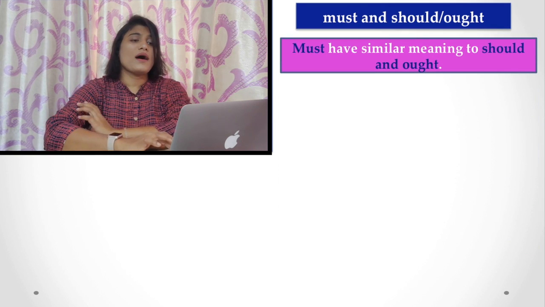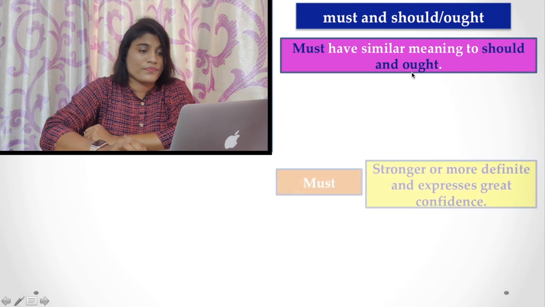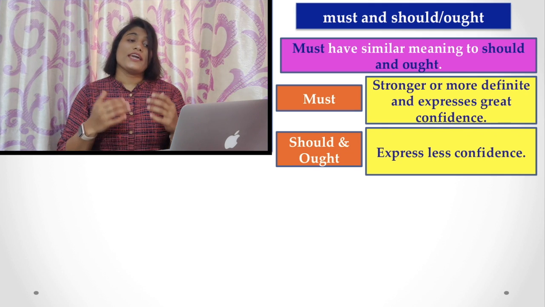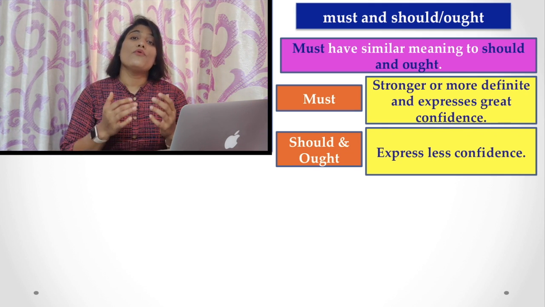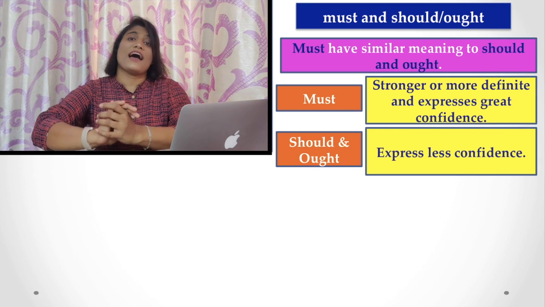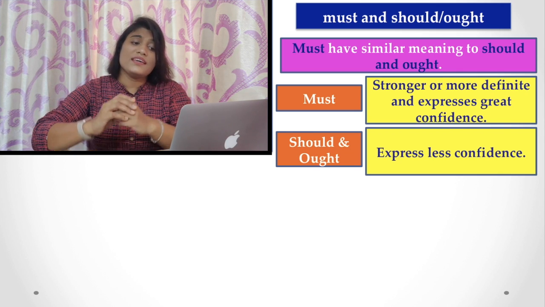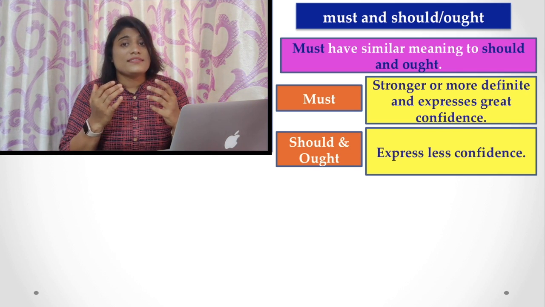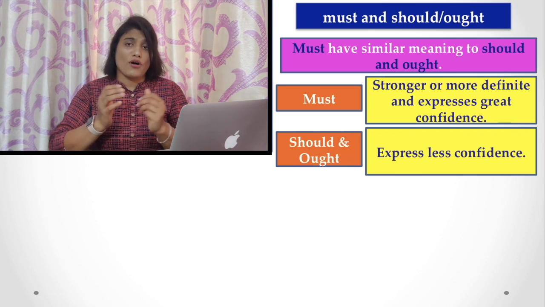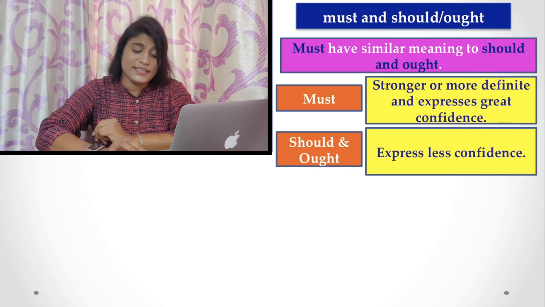And here must has a similar meaning to should and ought. When we are talking about a stronger, more confident and more definite expression, we have to use must. But when we express something that is less confident, not so strong, then we have to use ought or should in a similar sense.